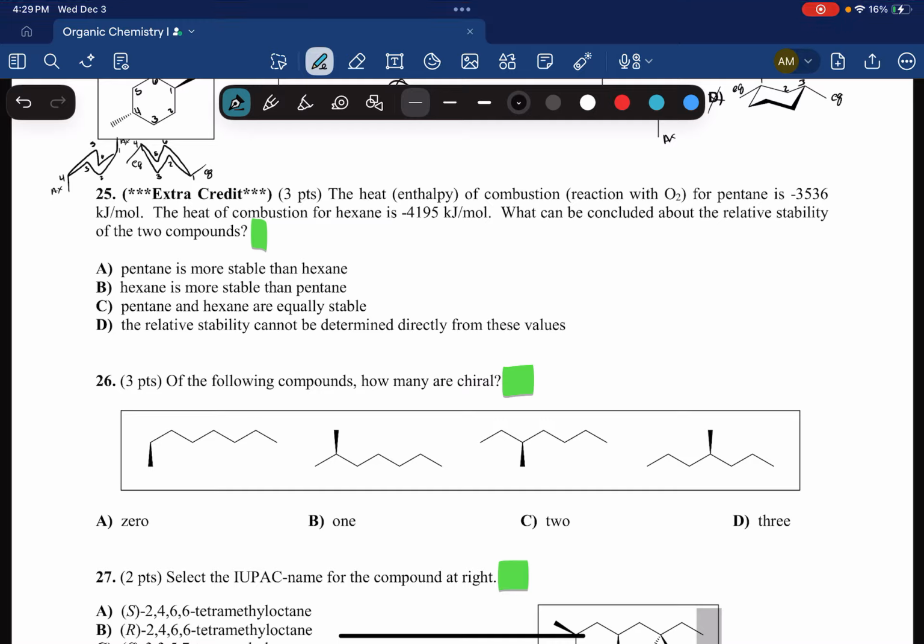I don't think you can determine that. Nothing about the heat of their combustion would tell you about how stable the compounds are. I'm going to go with D. Ooh, okay, that would have been embarrassing.